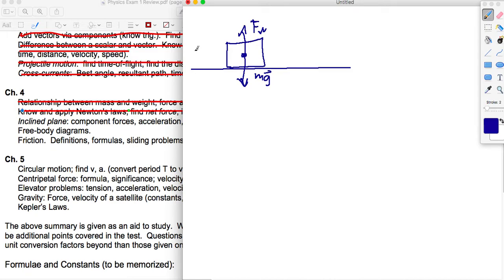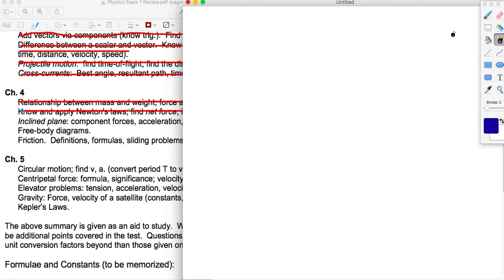For example, if I'm pushing it this way, my force of person, let's say, is going to be the force of person. And if there's friction, of course, because friction goes against the movement, the force of friction. So those are the forces acting on the body. That's what a free body diagram is.